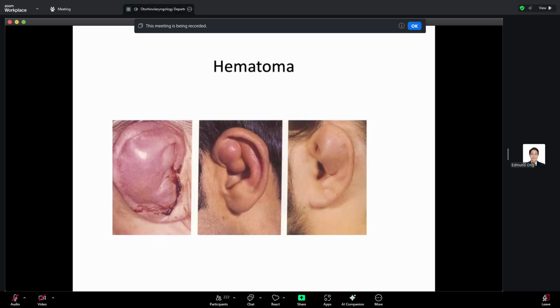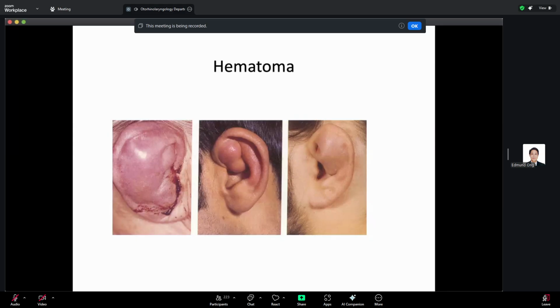So this is what I'm telling you. Mostly seen in patients with trauma in the ear, for example, a vehicular accident or even a fist fight. For boxers, if you've noticed, Manny Pacquiao and a lot of boxers, they have cauliflower ear because of the persistent hematoma after their fights. Even MMA fighters. The problem is that because of the trauma, there is accumulation of blood or even seroma over that area, which you need to evacuate.